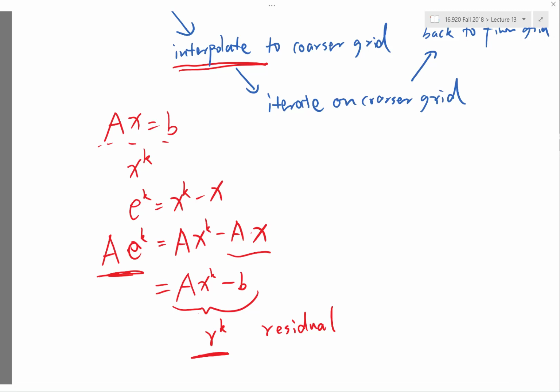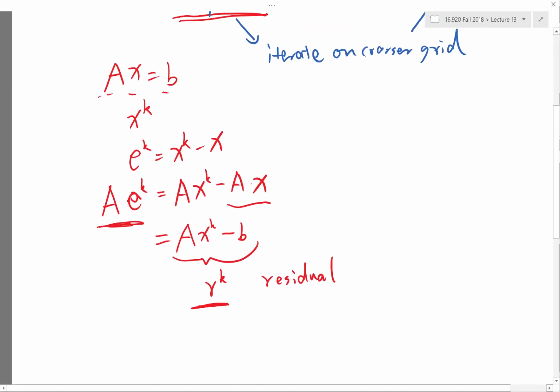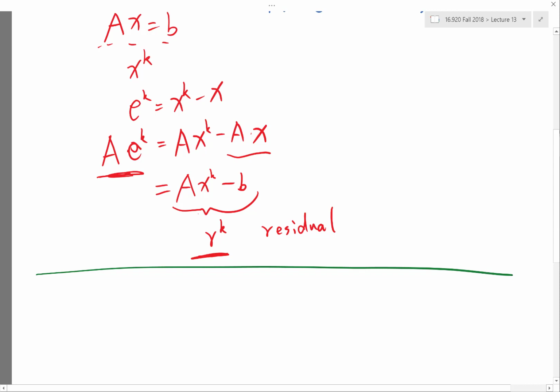Of course, even on the coarse grid, we can't solve the equation exactly, so the correction is not going to be complete, but it should be a better approximation to xk. Now with this additional information, let's put the multigrid idea into more mathematical terms.